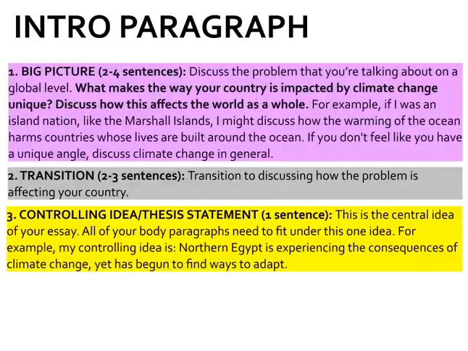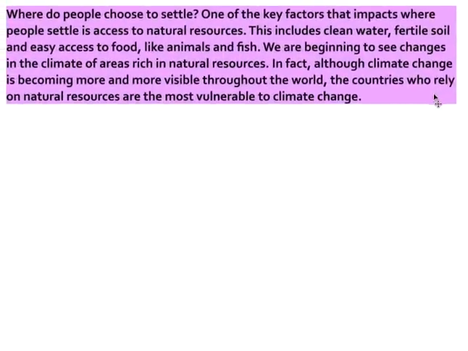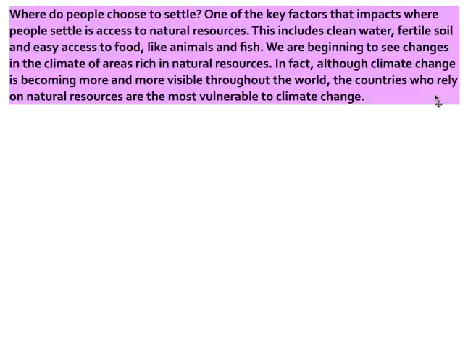Let's look at my example. So when I look at my big picture for Egypt, my big picture is all about natural resources and how they're impacted by climate change. Where do people choose to settle? One of the key factors that impacts where people settle is access to natural resources. This includes clean water, fertile soil, and easy access to food like animals and fish.